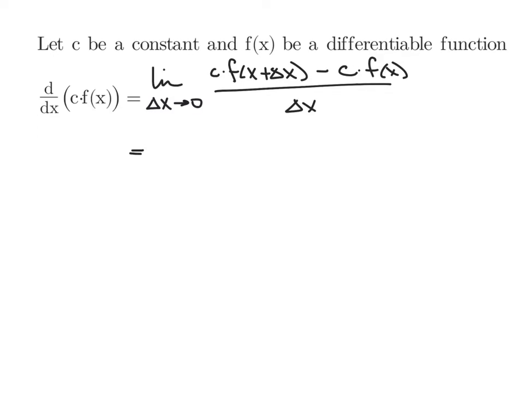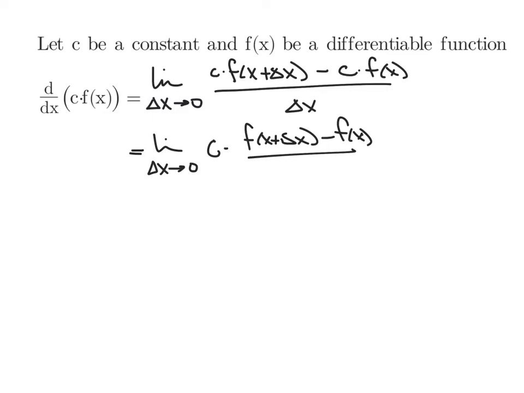Now, since each term in the numerator has that factor of a constant, I'm going to factor that out. So we'll have a constant times f of x plus delta x minus f of x, all over delta x.